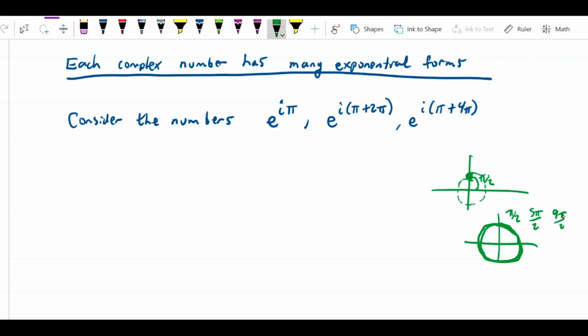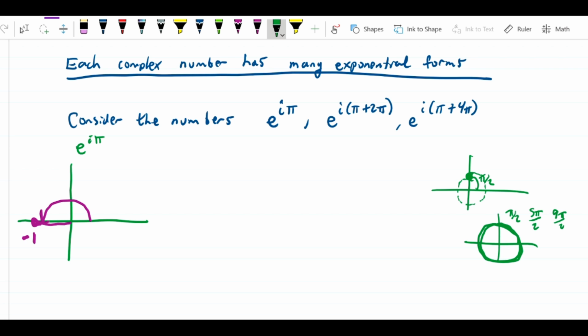So consider, for example, the numbers e to the i pi, e to the i(pi plus 2 pi), and e to the i(pi plus 4 pi). In the first case, if I graph e to the i pi, I turn pi around the unit circle and walk 1 unit in the direction that I got to, and that takes me to -1.